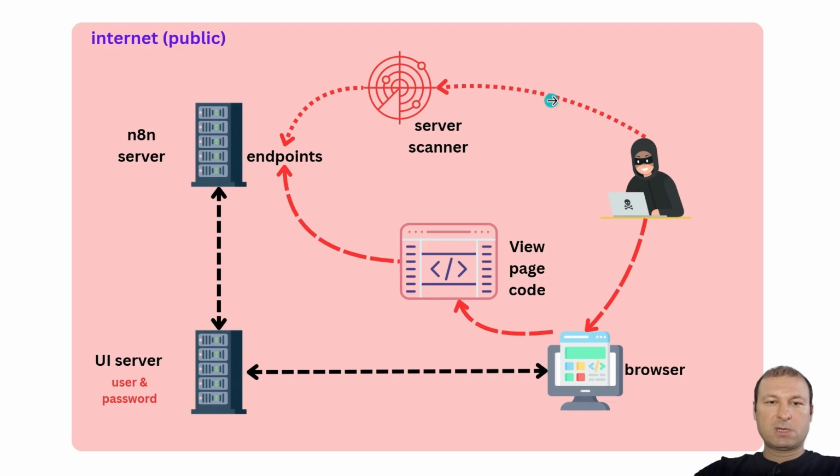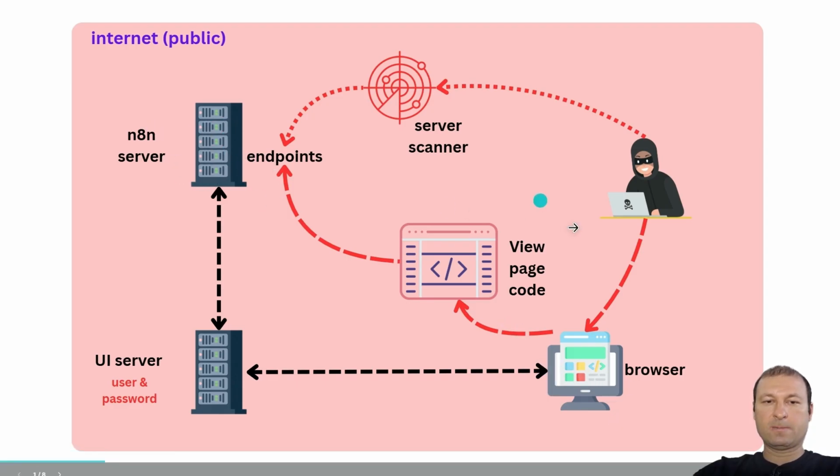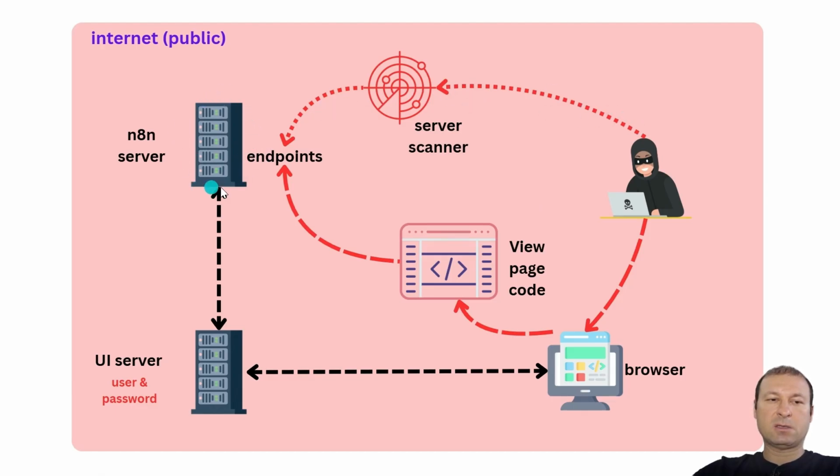So yes, these are the two paths a hacker can take to identify your N8N server: either via the browser, with the code page or the network tab, where they can see exactly what N8N endpoints the browser is calling, or this other route where they just target the publicly available N8N servers, like I said, by scanning the IP ranges of those cloud providers.